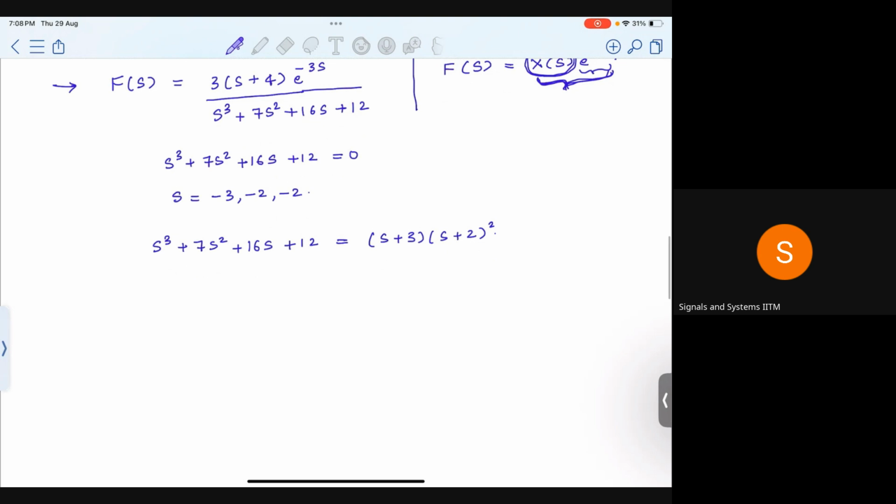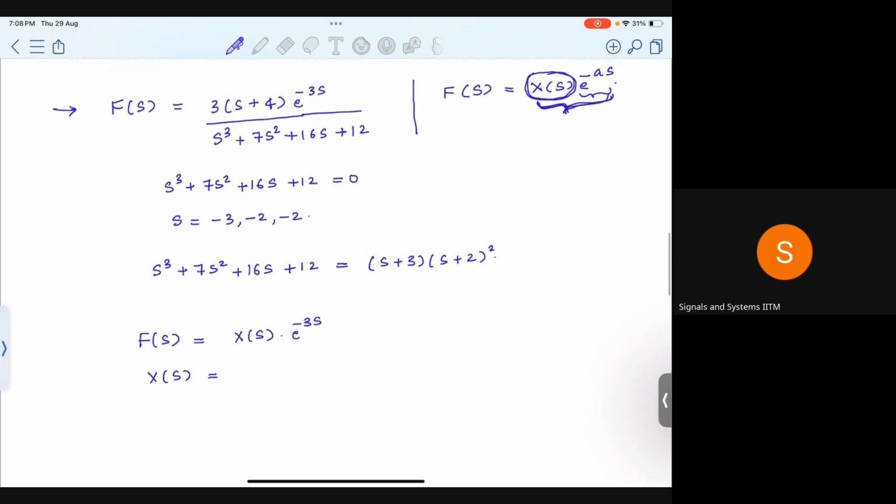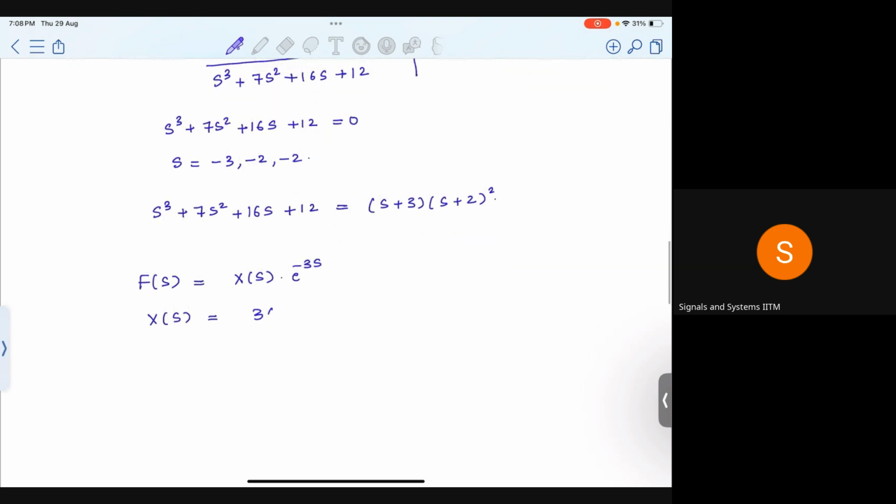In this case, this f of s can be divided into x of s times e power minus 3s, split the exponential term and write the other part. And now x of s is simply 3 times s plus 4 divided by s plus 3 times s plus 2 square.